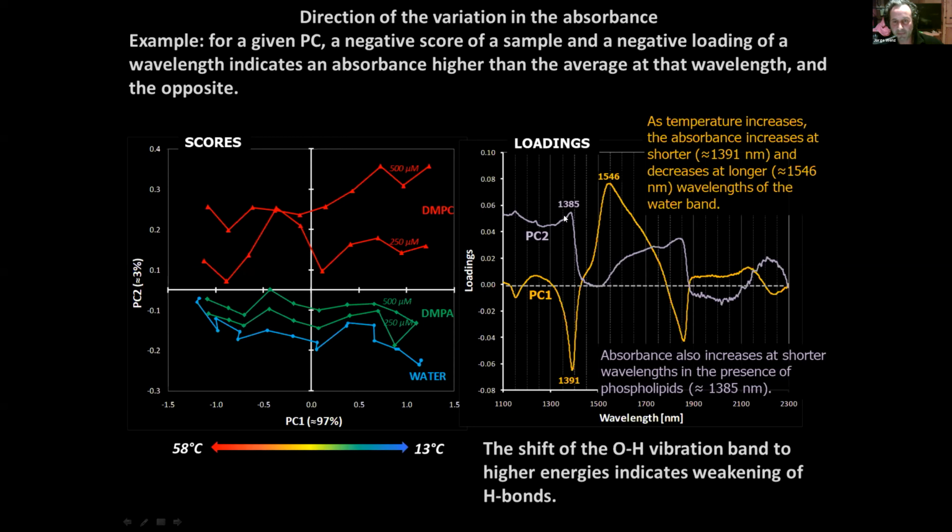And here we find the maximum on the left again, on the left of the main overtone of the water. This also means that adding lipid to the membrane moves the water overtone to the left, as happened when we increased temperature.